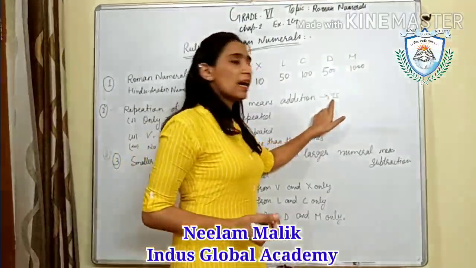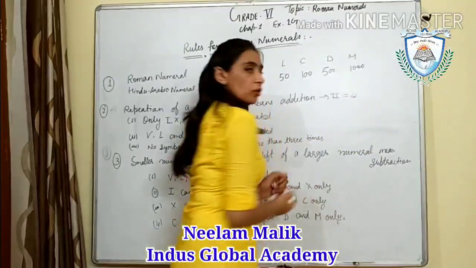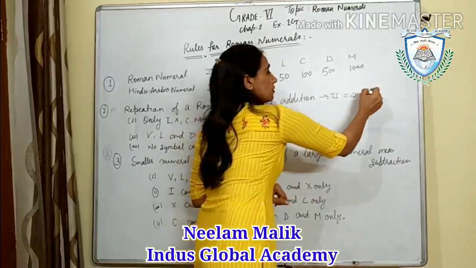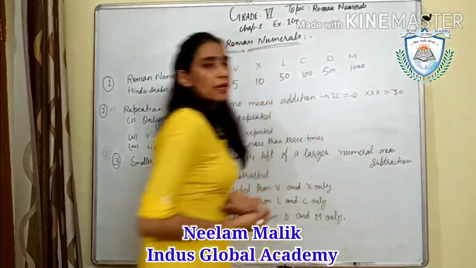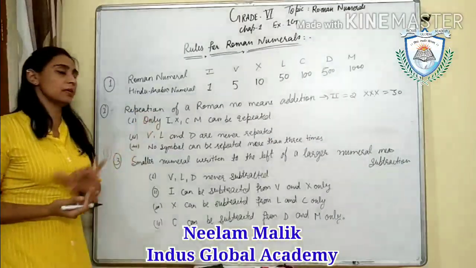What is the value of the I? 1, then 1, it will be 2. Similarly you can repeat X here. This is 30: 10, 10, 10. Addition of the values if you are repeating any number.